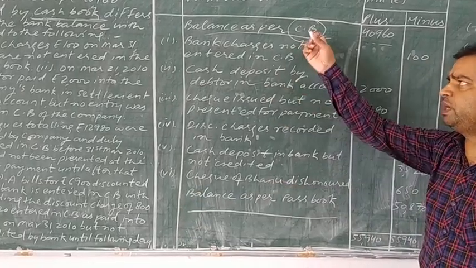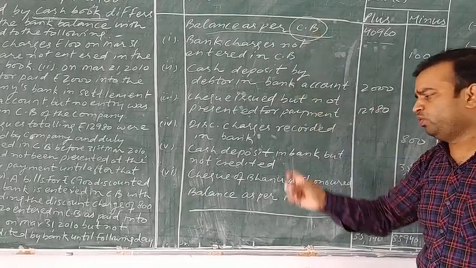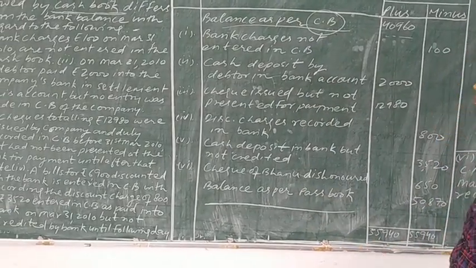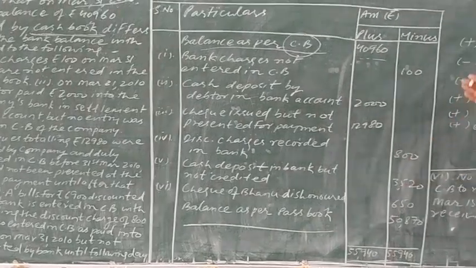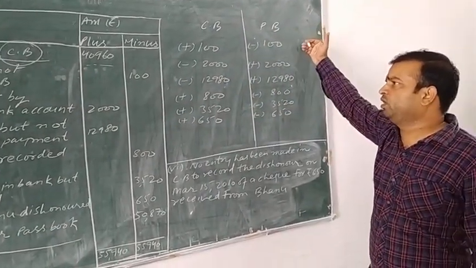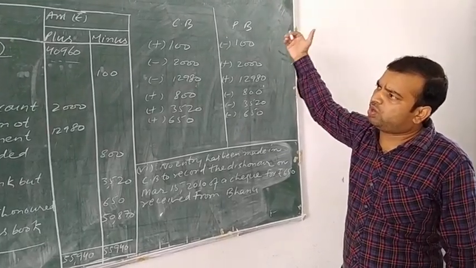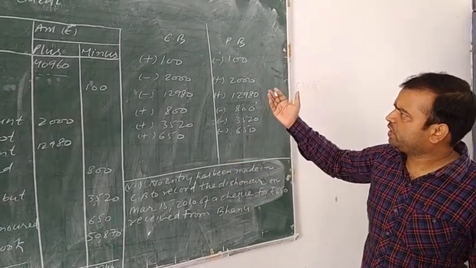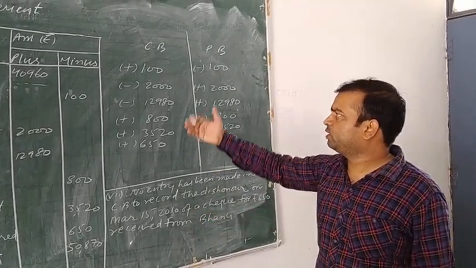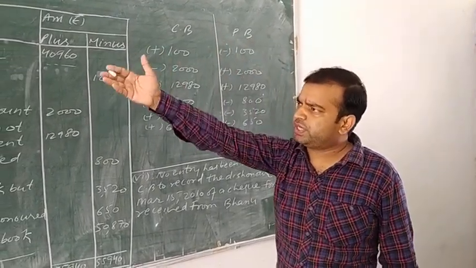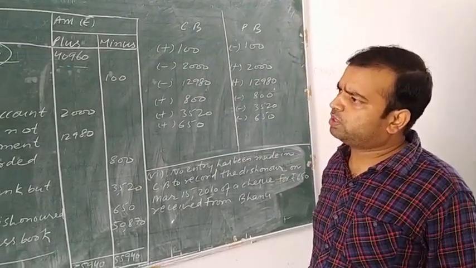And if the balance as per passbook is mentioned in the question, then you need to find the balance as per cash book. Now, on the basis of this working note, we have to solve our BRS question. This working note is totally based on the transactions given in question number 5.